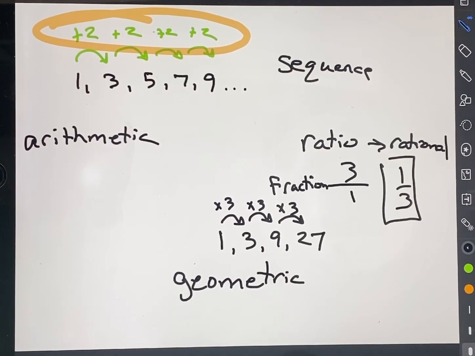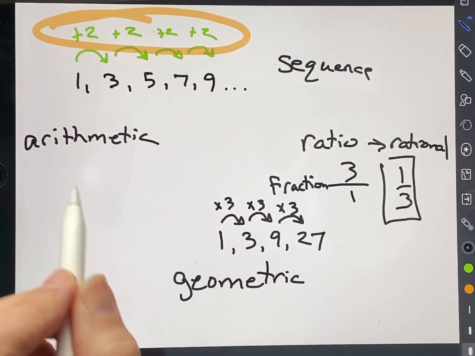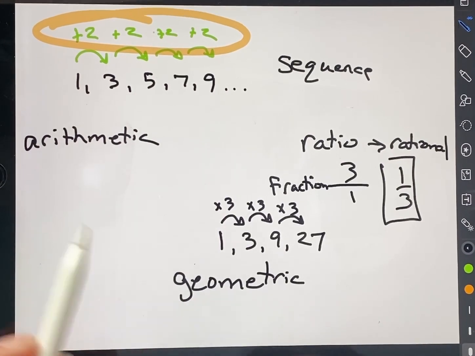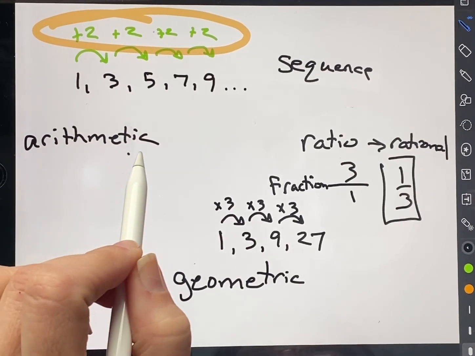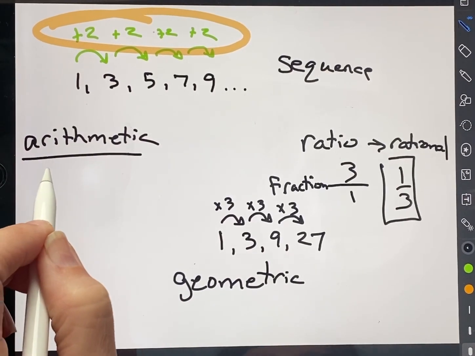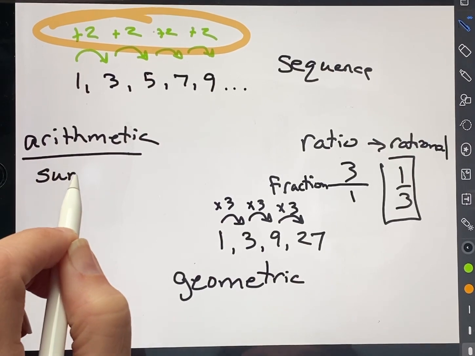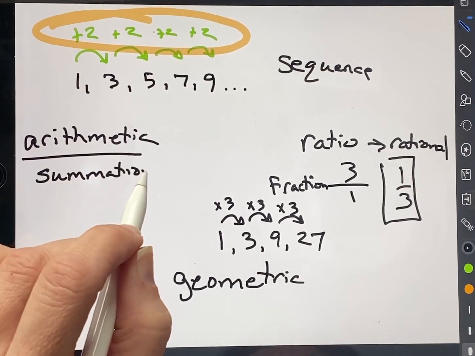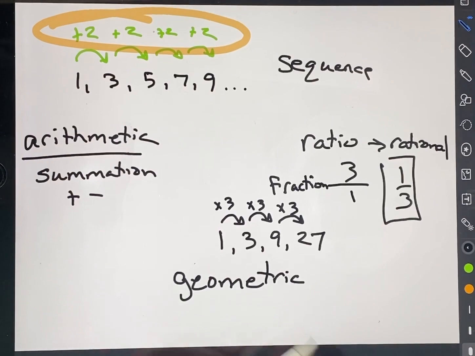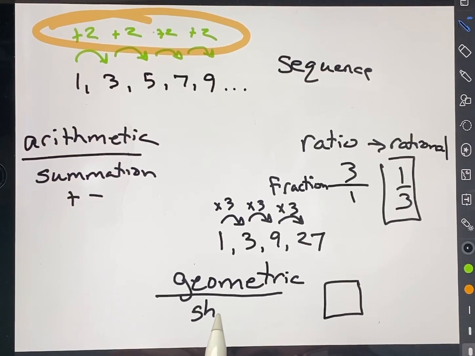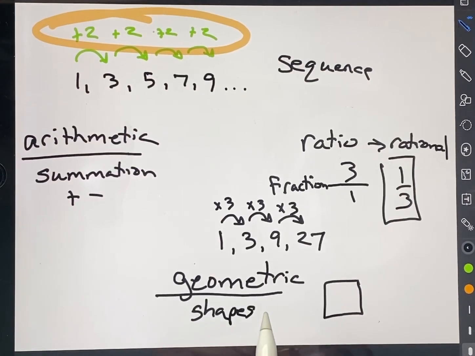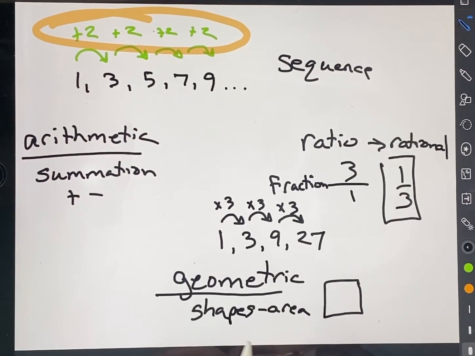The reason that these two names are different, if you think about old school reading, writing, arithmetic, arithmetic refers to a summation or addition and subtraction. Geometry deals with shapes. And shapes have an area.